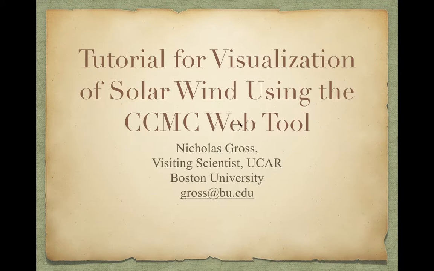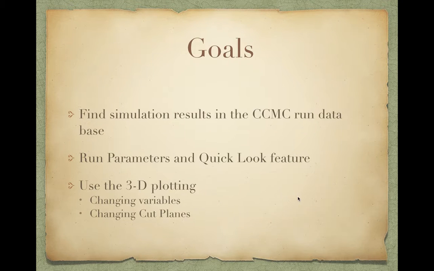Hello again. This tutorial is to look at how we can use a CCMC web tool to visualize simulation results from a solar wind model, specifically the Enlil model run at CCMC.